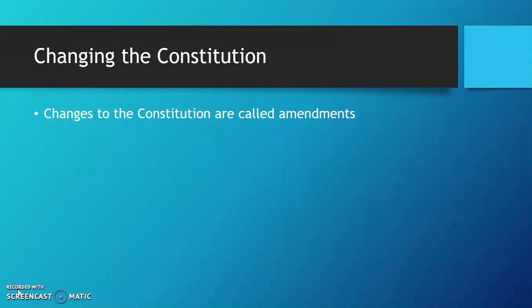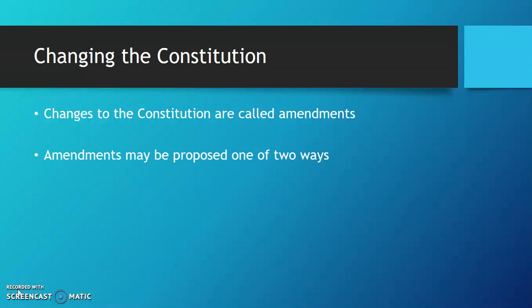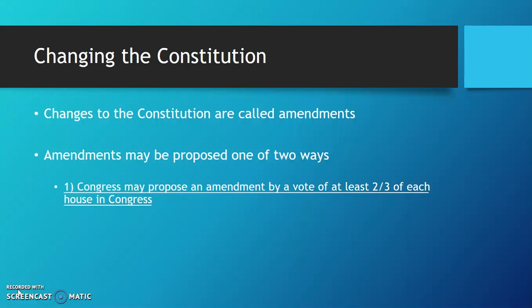Changes to the Constitution are called amendments, and amendments are proposed in one of two ways. The first way an amendment, or a change to the Constitution, is proposed is that Congress may propose an amendment by a vote of at least 2/3 in each of the House and the Senate. So think about this.